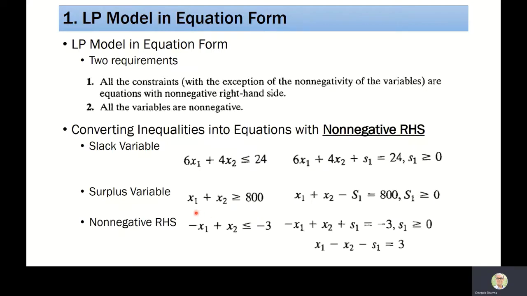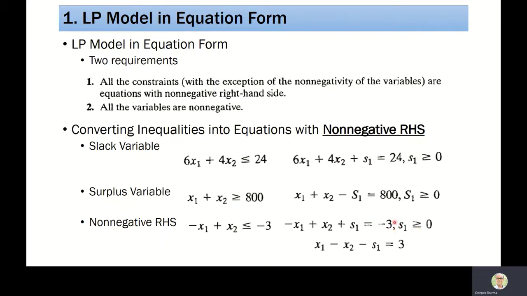Now let me take another case, with respect to the non-negative right hand side. Here the equation is given as minus x1 plus x2 smaller than or equal to minus 3. Since it is smaller than or equal to, we add a slack variable. So this becomes minus x1 plus x2 plus the slack variable equal to minus 3, and the slack variable is greater than or equal to 0.